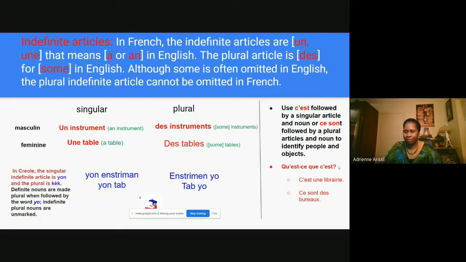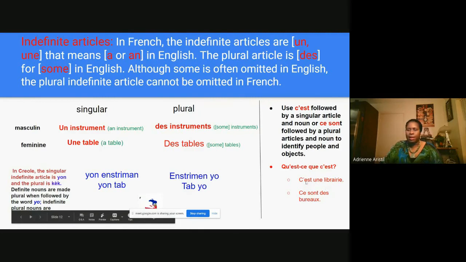Qu'est-ce que c'est? For example, someone asks you about something and says, qu'est-ce que c'est? You will respond, for example, by saying, oh, c'est une librairie. C'est une librairie. With a feminine singular noun. You will say, c'est une librairie.